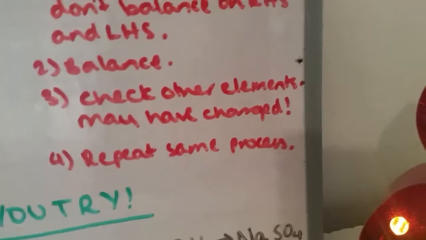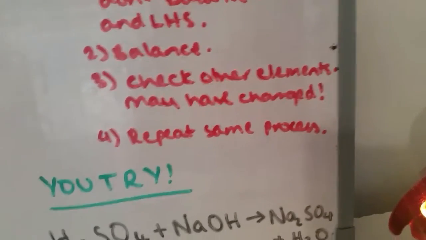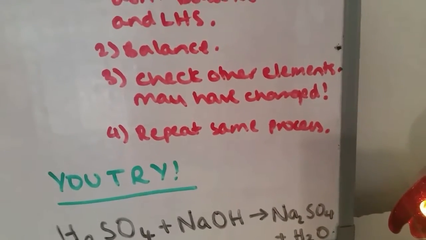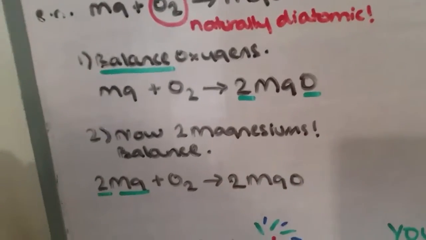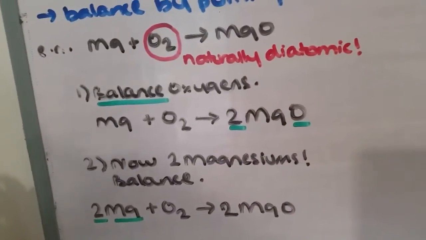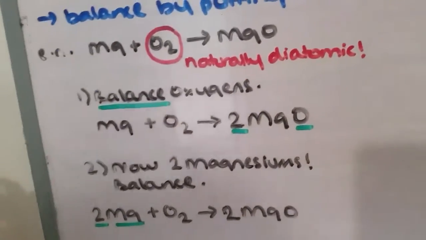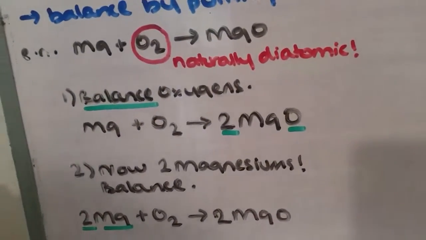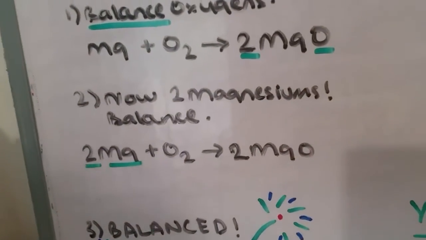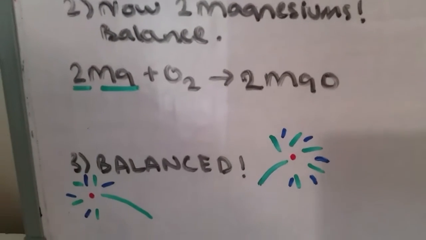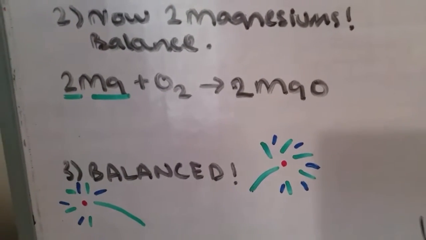Next step, check if the other elements are balanced or not, because they may have changed when you stick certain numbers in front of elements. For example, here, when I put my 2 in front of my magnesium oxide for the oxygen, I found out that now my magnesium is not balanced. So I decided to start balancing my magnesium. And that's what I mean by step 3. Now, step 4, you repeat the same process. I balanced my magnesiums, and that gave me the correct answer of a balanced equation.